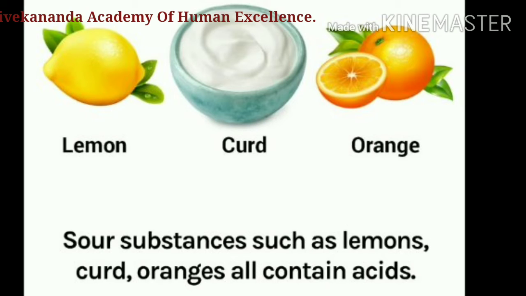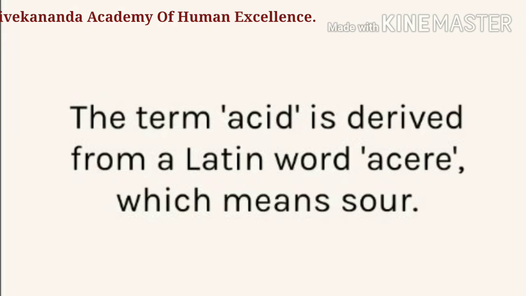So lemon, curd, orange, if you taste them, they are sour, so they contain acids. Now see, the term acid is actually derived from a Latin word acidus, which means sour. Okay, so it is from the Latin word that the word acid is derived.